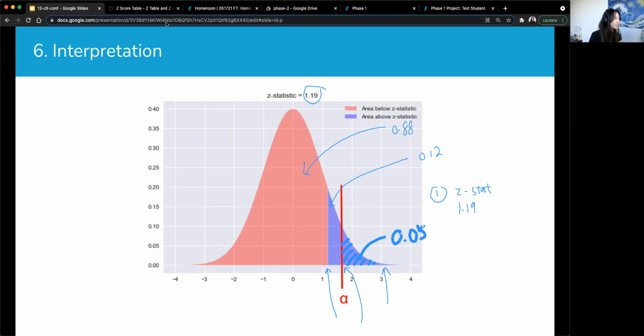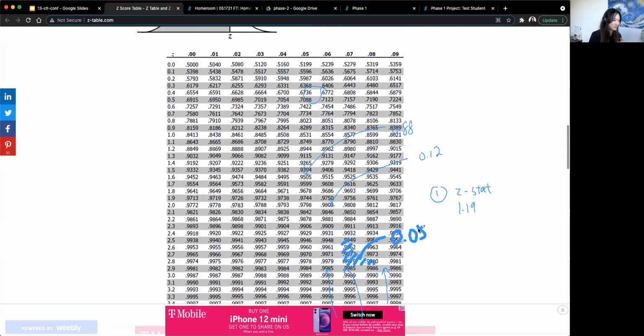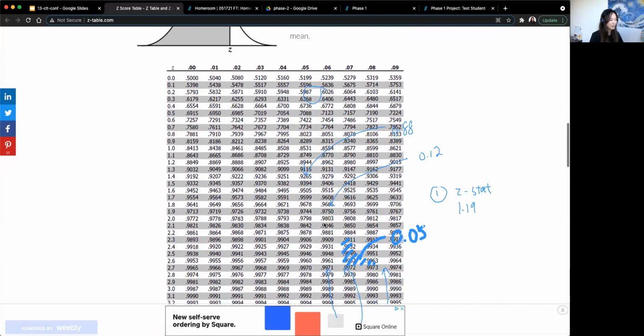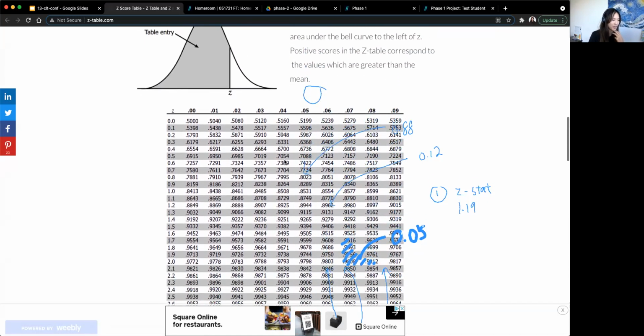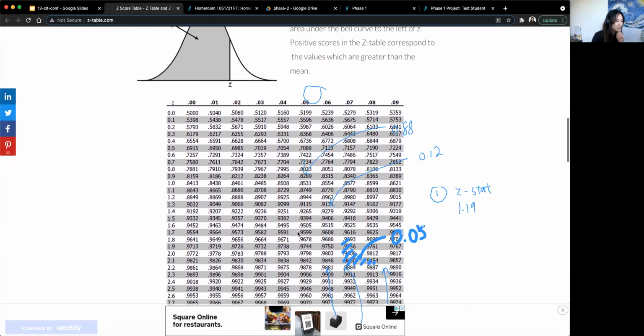I'm just going to quickly show you how you do that, if you excuse all of this writing first. If you take a look at the table and try to find where 0.95 lies, because if this is 0.95, this will be 0.05. If you look for 0.95 here, you'll see that it will roughly be 1.64 or 1.65.